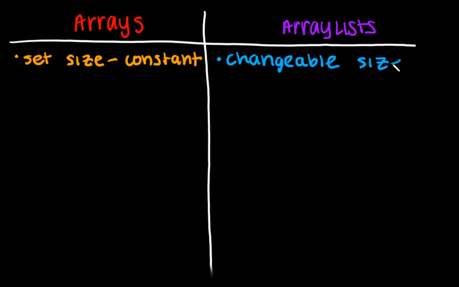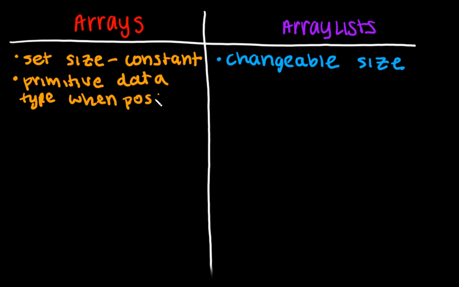We also see one more difference that we talked about, that this uses primitive data types when possible. While over here, we see that it uses object data types. It will be very, very rare if you see a primitive data type being used in array lists.